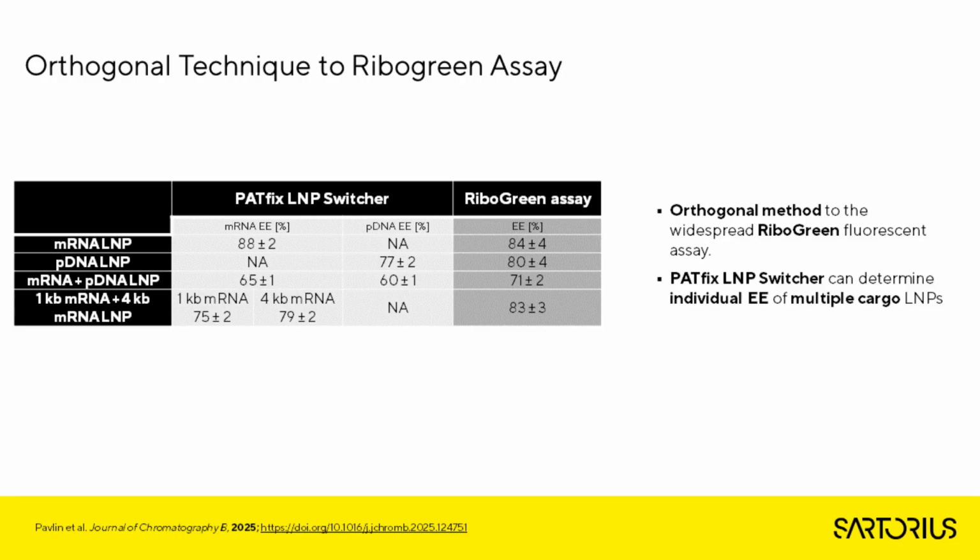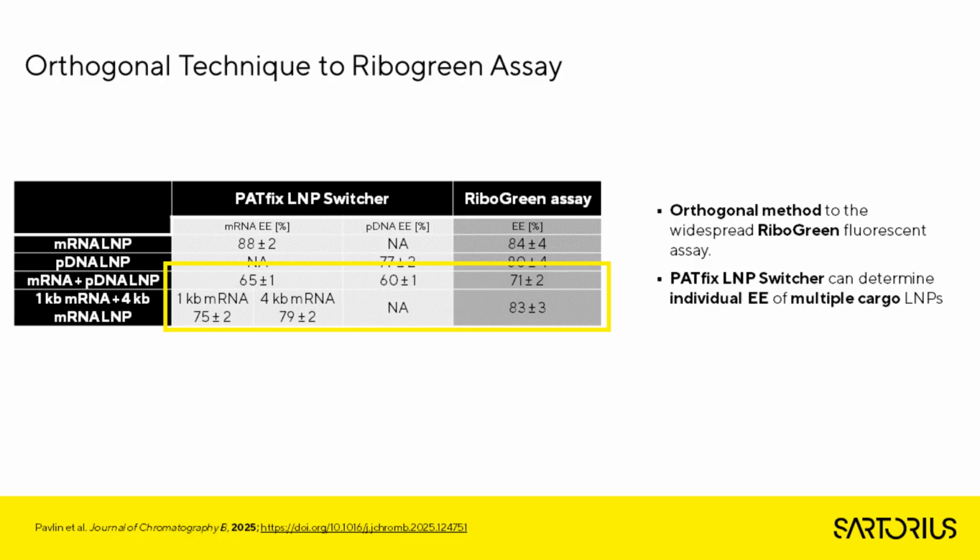When we have particles with just one encapsulated cargo, the results obtained on PATFIX LNP Switcher or the RiboGreen assay give similar results. But the problem using RiboGreen happens when we work with multiple cargo particles. In this case, the RiboGreen assay will give you just the total amount of encapsulation.